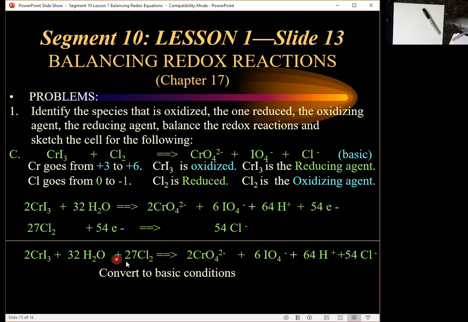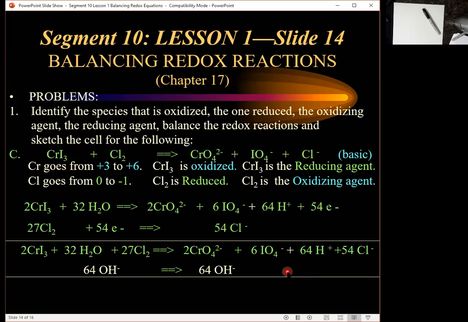So if we convert it to basic solution, we're not going to go back and start all over and do it a different way. All we're going to do is go right here, and we say we've got 64 H plus ions on the right, and no H plus on the left. So I'm going to add 64 OH minus ions to both sides.